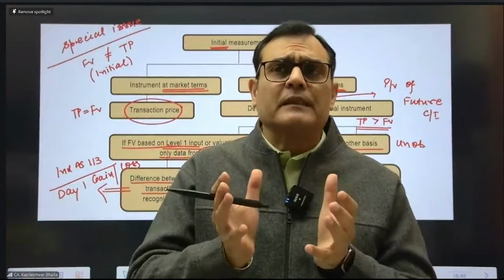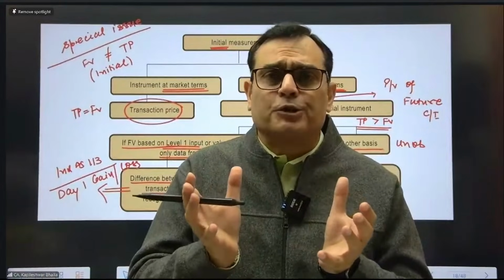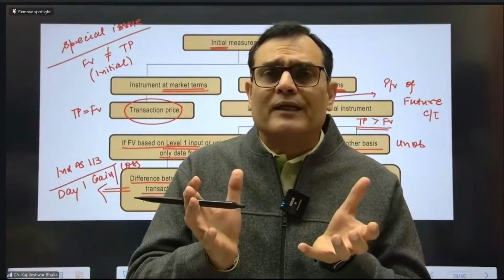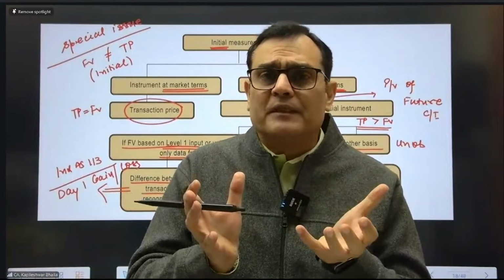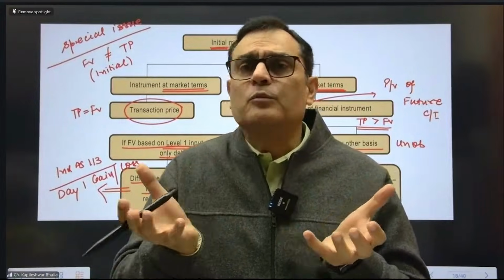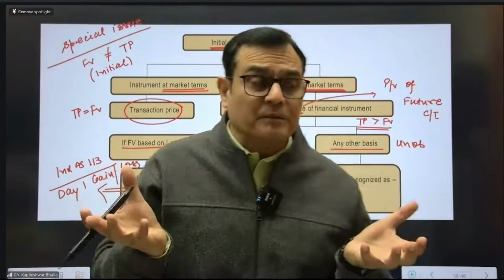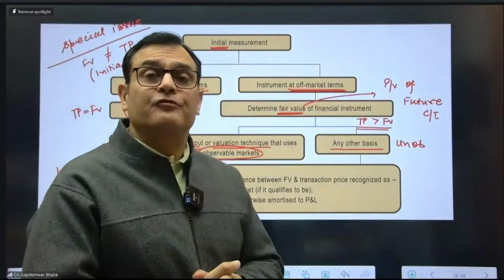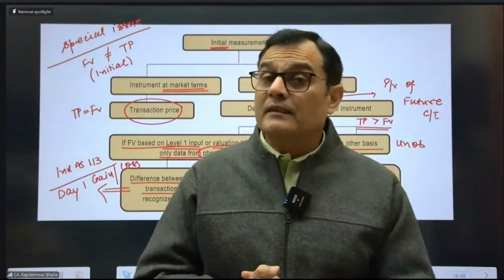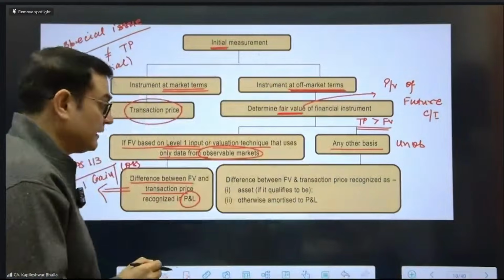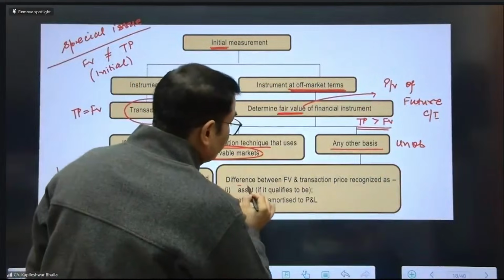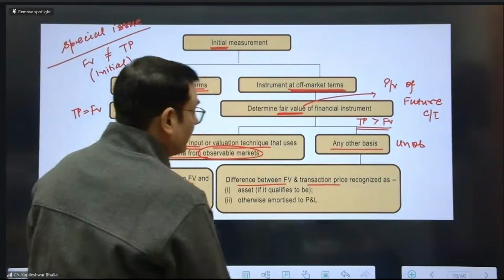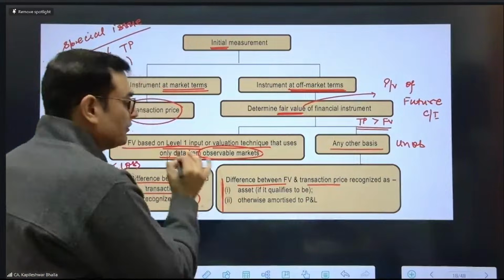But there is a possibility that when you're entering into transactions, the calculation of the fair value, which is based on unobservable data, differs from the value at which you transact. It is not obvious. Then I cannot blame the company and say that you take the entire difference in P&L. In those particular cases, the standard says the difference between the fair value and the transaction price is taken in one of the two.